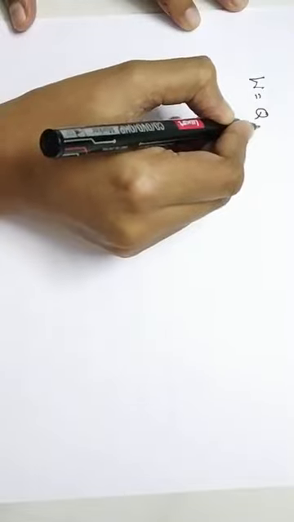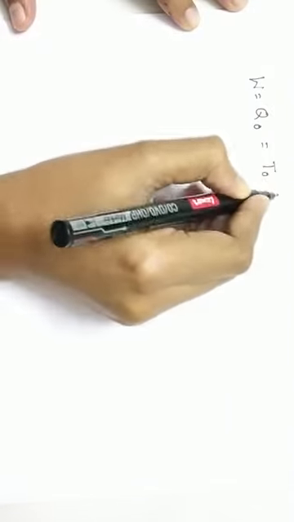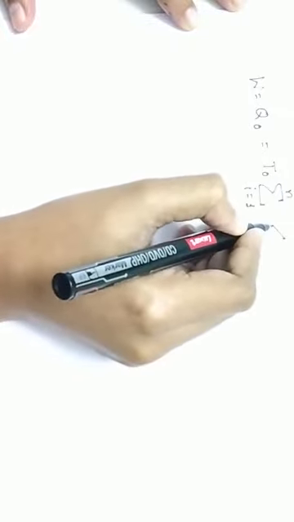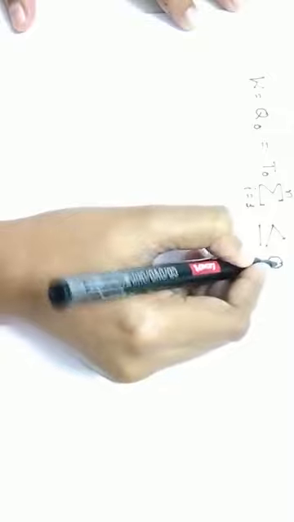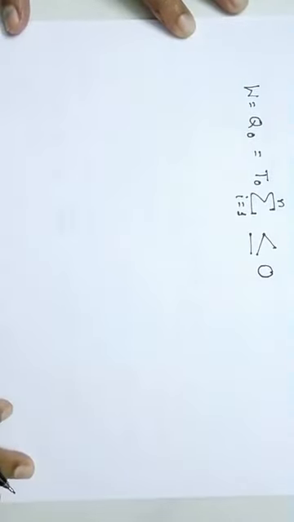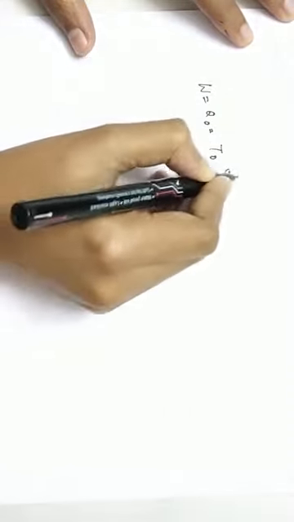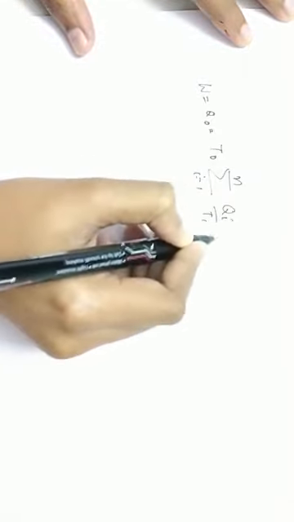So now we'll write that W equals Q0 equals T0 times the summation over i equals 1 to n of Qi by Ti has to be less than or equal to 0. So what does it mean if W equals Q0 equals T0 times the summation over i equals 1 to n of Qi by Ti equals 0?